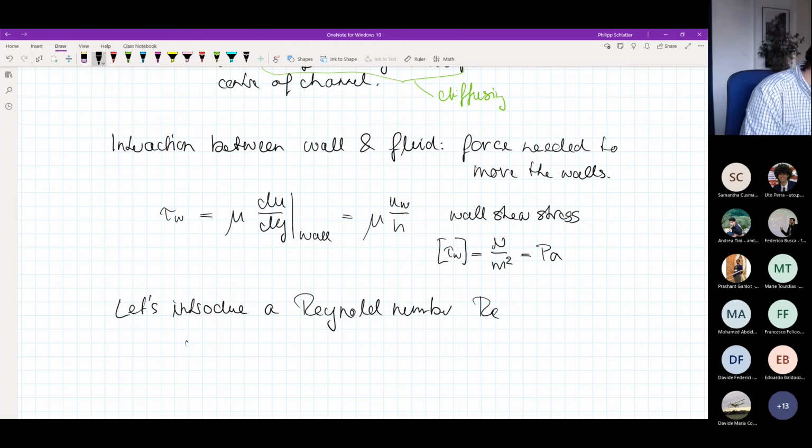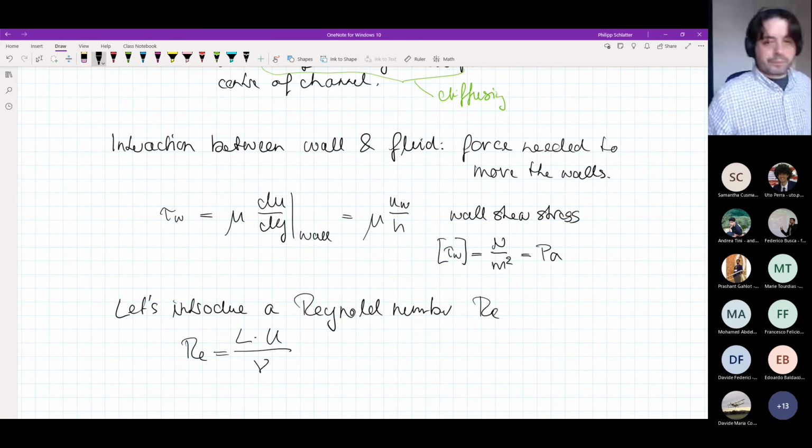The definition, I mean, you can define it in various ways, and we will do that later on as well. For the time being, I think the easy way to remember it is that the Reynolds number essentially can be viewed as a length scale times a velocity scale divided by the kinematic viscosity.